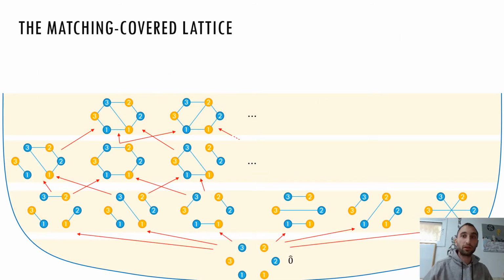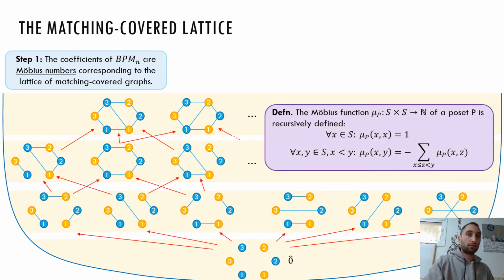Finally, let's take a quick bird's eye view at our proof techniques. So let's begin with the characterization of BPM, that is Theorem 1. This characterization follows by investigating the lattice of matching covered graphs, with the relation being containment over the edges. So for our first step, we show a relation between the coefficients of BPM and the Möbius numbers corresponding to this lattice of matching covered graphs.